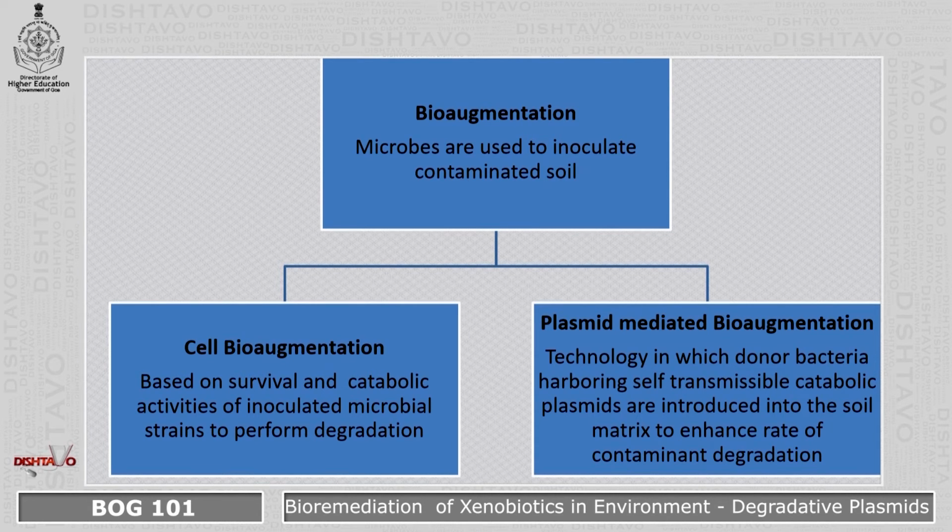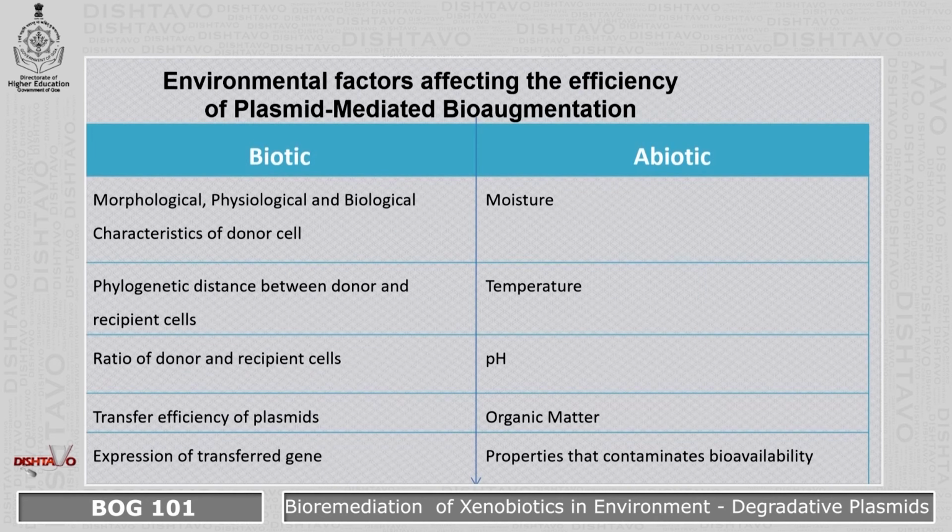Whereas plasmid mediated bioaugmentation is a technology in which donor bacteria harboring self-transmissible catabolic plasmids are introduced into the soil matrix to enhance the rate of contaminant degradation. Of both these methods, plasmid mediated bioaugmentation is used more, as it is easier and flexible.